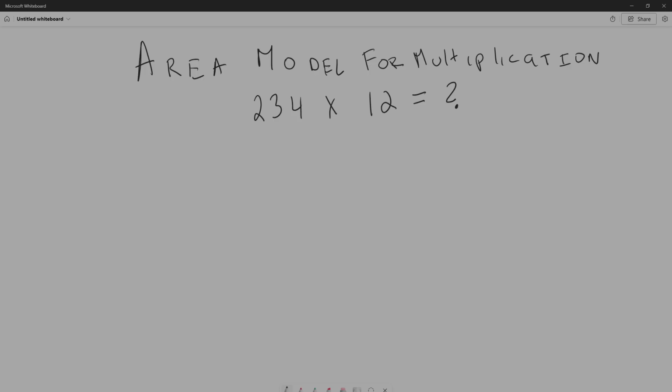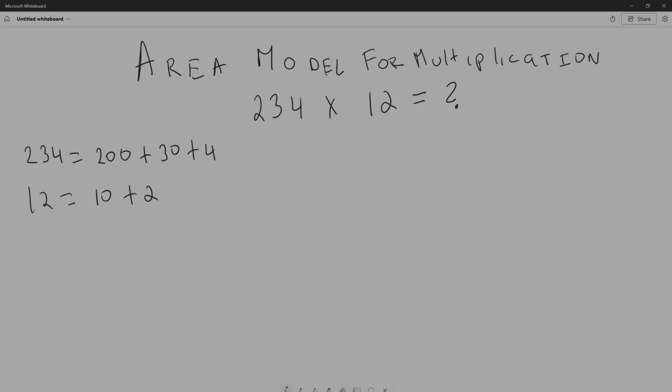Okay, so let's split up the number. Let's decompose it. So 234 is gonna be 200 plus 30 plus 4. The 3 stands for 30, and the 4 stands for 4. Now the 12, the 1 stands for 10, and the 2 stands for 2.